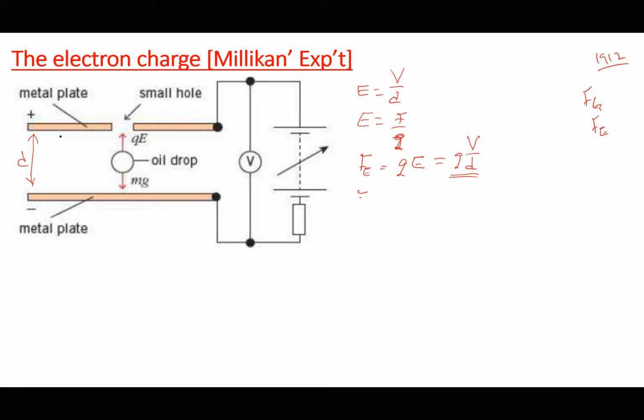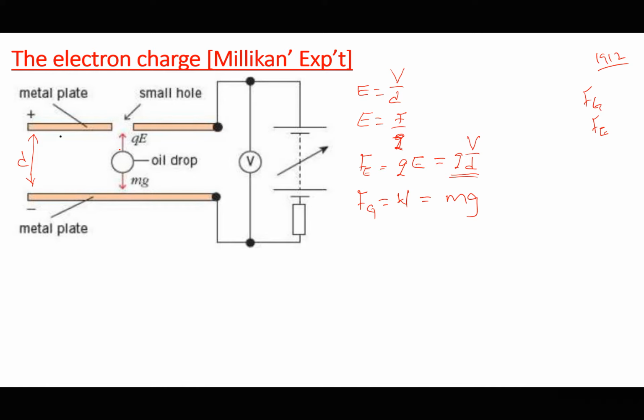So the force due to gravity or due to the gravitational field would be given by the weight of the oil droplet, and this would be given by mg. So the oil droplets were released at the top of the plate so that they fall under the influence of their own weight.